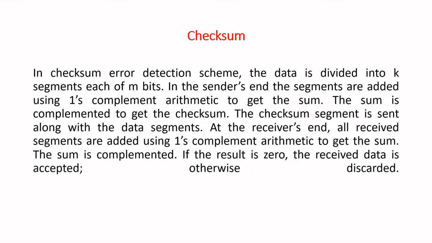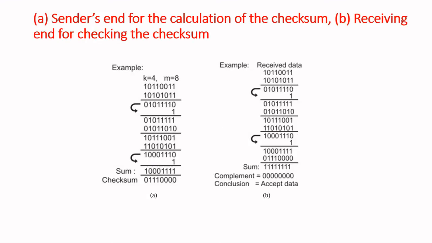So after this we will see with the help of an example how it works. Here it is shown at the sender's end for the calculation of the checksum, and after that the receiving end for the checking of the checksum. In the figure, k is equal to 4, which means there are 4 segments, and m is equal to 8, which means how many bits are there in each data segment.